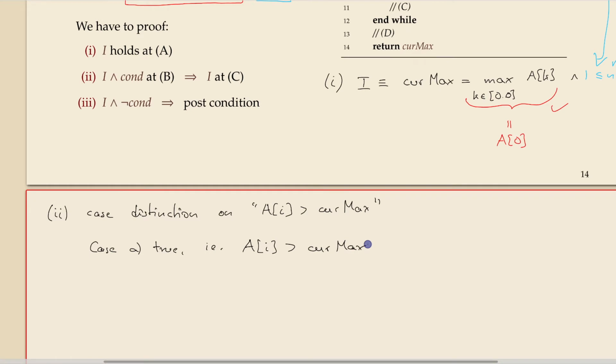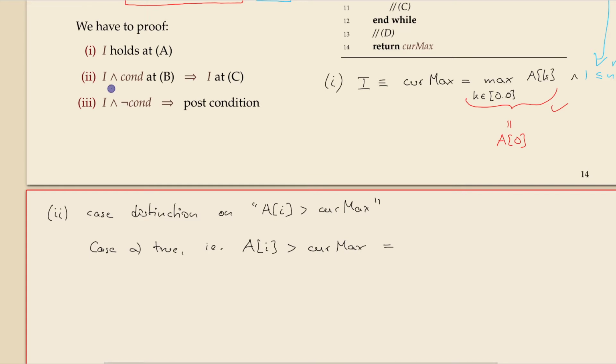So the new element we're looking at, we're taking into account now, is bigger than what we currently had as the maximum. Now at this point, we use what we had in the premise. We're proving an implication, so we can assume what's on the left side of this implication arrow.